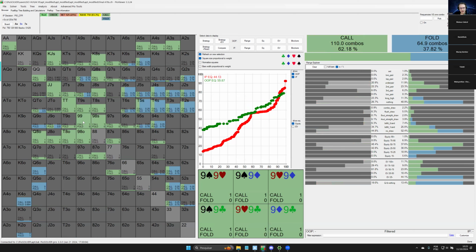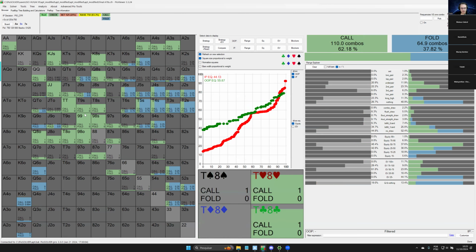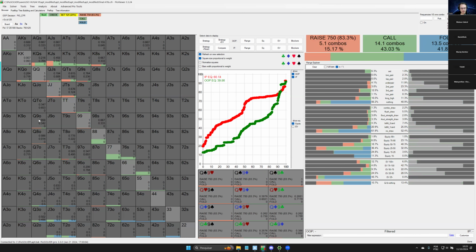You interact with pocket nines, you interact with pocket queens, you interact with queen eight, right? And you have solid equity versus the calling range, right? You have solid equity versus the attacks and so forth, right? And yeah, so queen nine seems to be one of the best bluffs here.